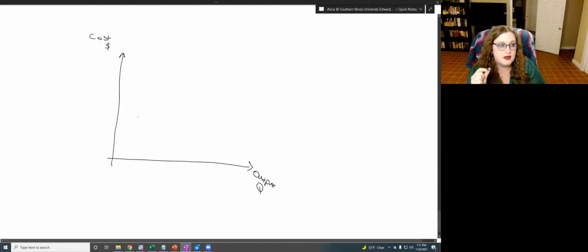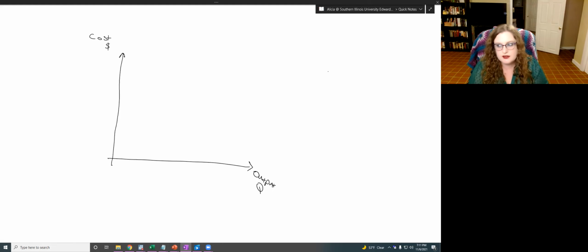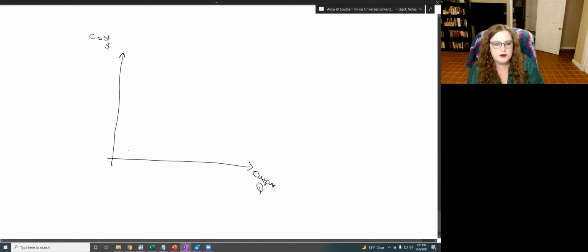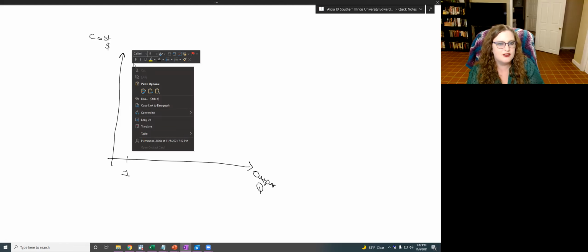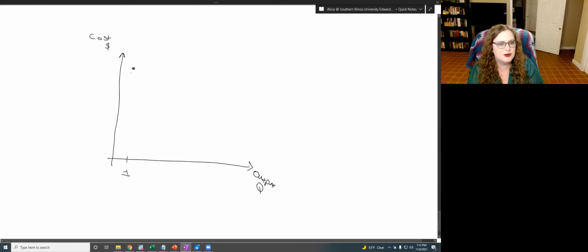Well, first we need to think about average fixed cost. So let's say the rent's $10, right? Cheapest rent that you've ever had, cheapest rent anybody's ever had since, you know, the 1820s, but whatever. If we have rent that's $10, then if we produce one mug, that is a lot of fixed cost, right? That's $10 divided by 1. That's pretty high up there.